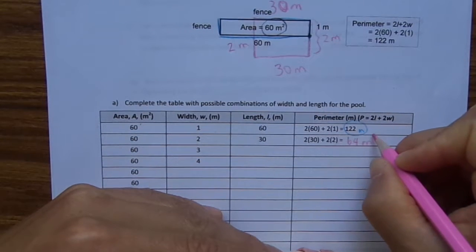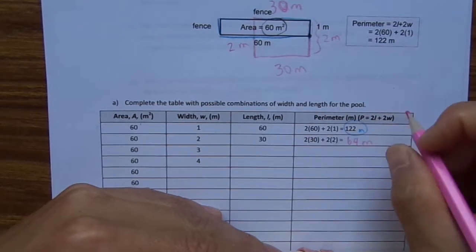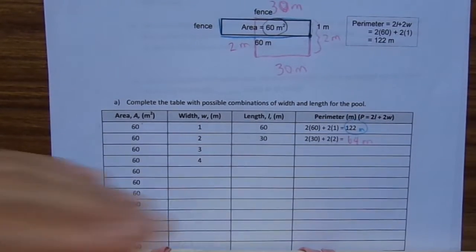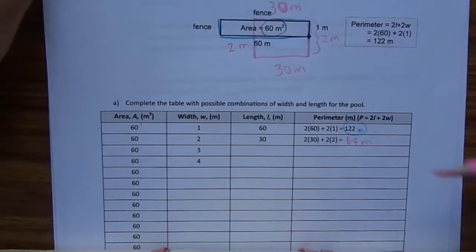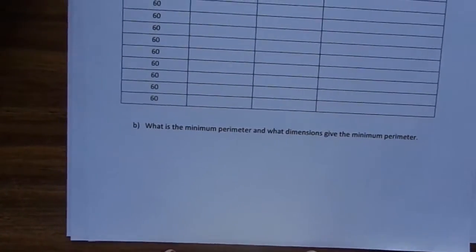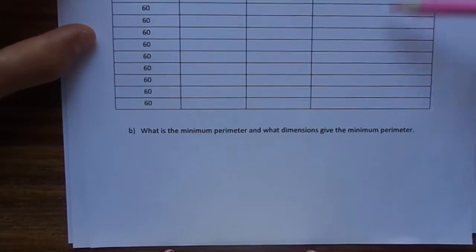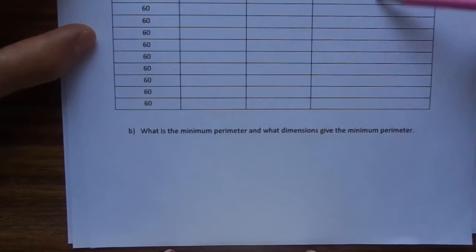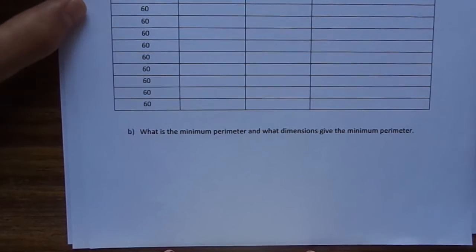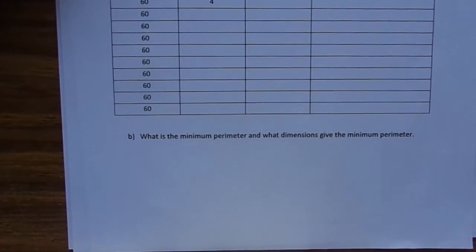Should it be squared? No, because we are working with distance. Okay. There we go. So continue filling this out. Okay. And at the very bottom, it will say, what is the minimum perimeter? So out of all these ones, which one is the minimum? And what dimensions give the minimum perimeter? Okay. All right. See you next lesson.